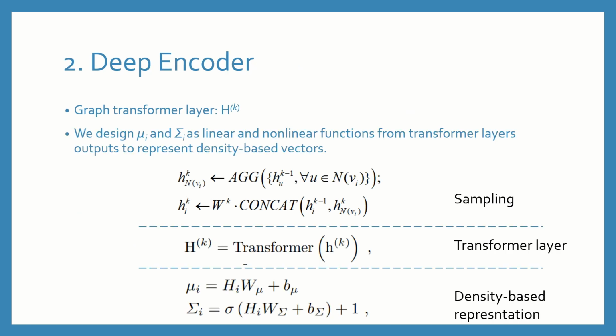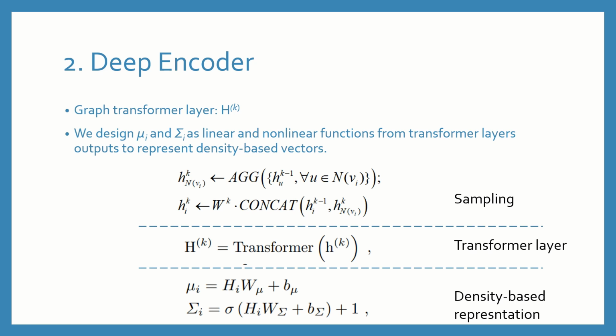The second layer we use is a deep encoder. In the deep encoder part, we use graph transformer layers, and overall there are three layers in our deep encoder.